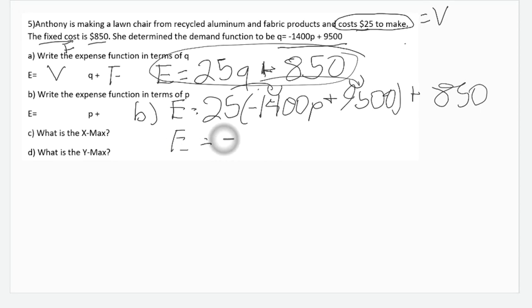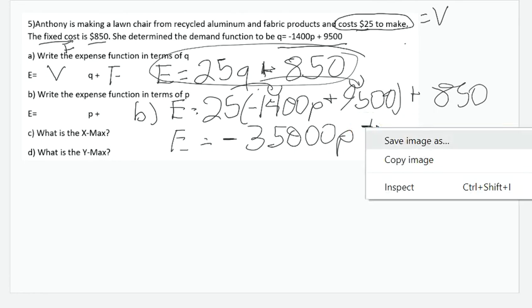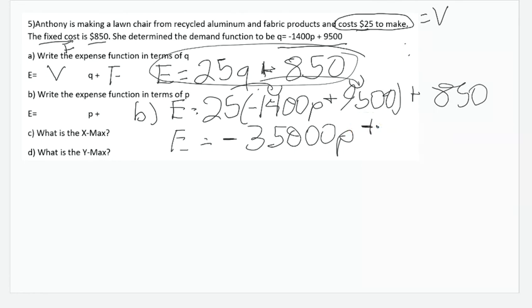So I get negative 35,000 P plus, then we do 25 times 9,500, 237,500, plus 850.